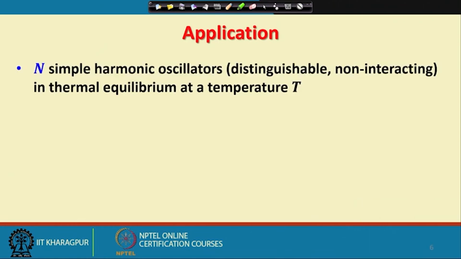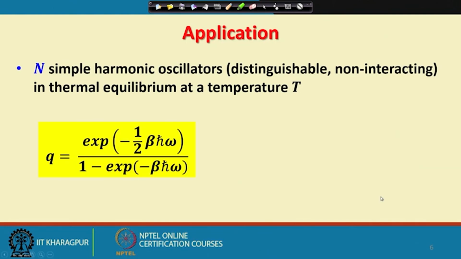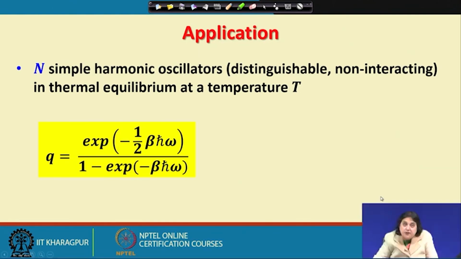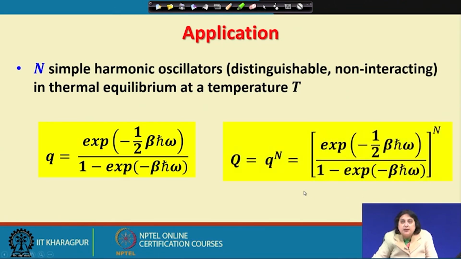Similarly, when I have capital N such simple harmonic oscillators all having the same angular frequency, in that case if they are distinguishable and non-interacting, and if they are present in a constant volume V at a constant temperature T, I can very easily write down that for each of the simple harmonic oscillators, I can have an analytical expression for the canonical partition function, and then the canonical partition function for the N particle system is going to be given like this.